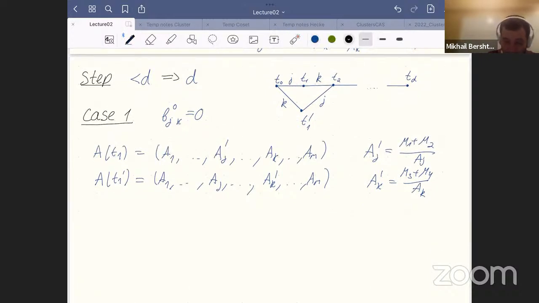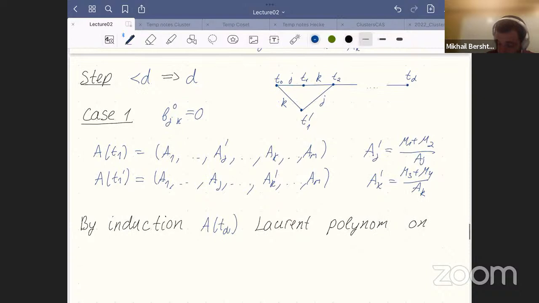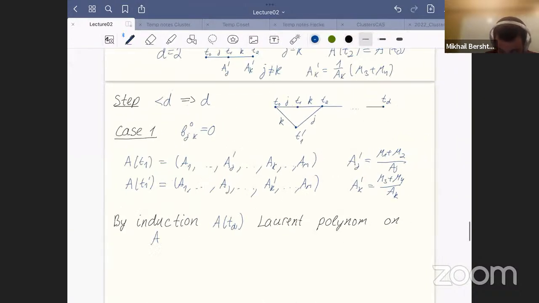It means that we know by induction that A of TD are Laurent polynomials on A of T1.